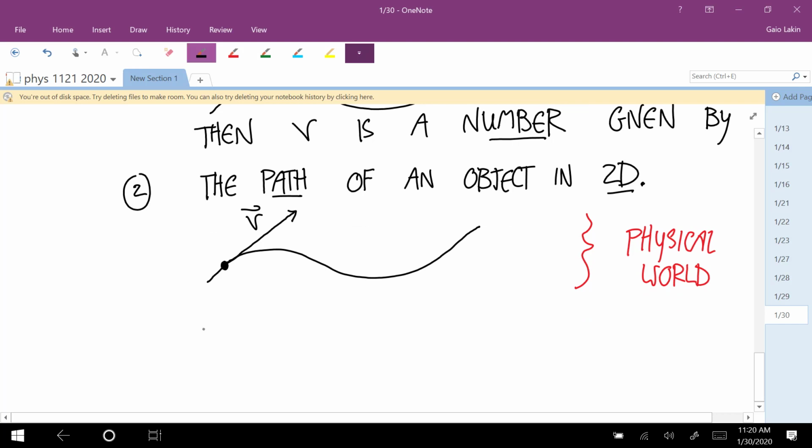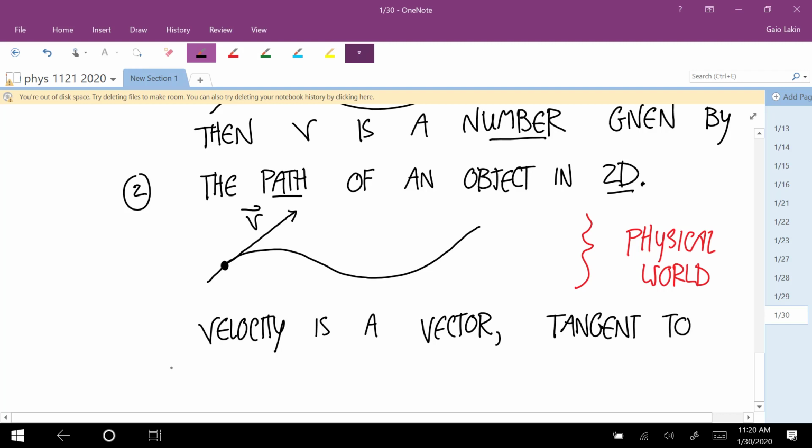The velocity is a vector and that vector is tangent to the path. Any questions about that?